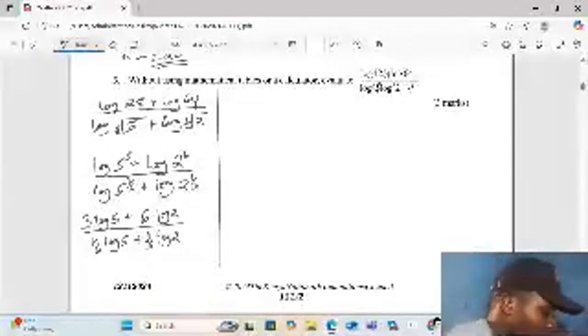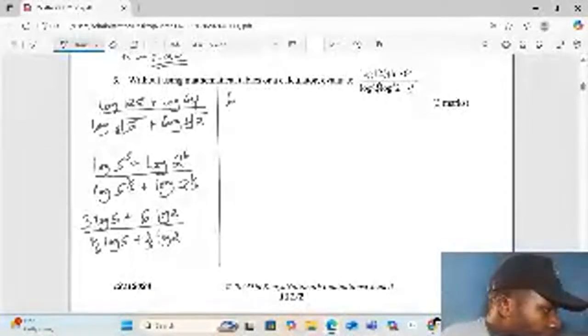We continue. Now we take the 6. These are sixths, so we are going to multiply so that we remove it from the bottom side.